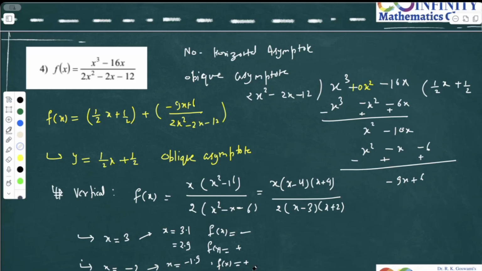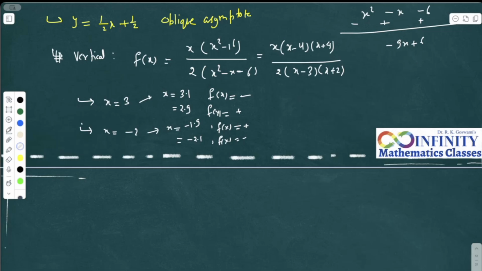Please, we need some more points, and for accuracy, let me just use Desmos to plot whatever we have done. There are vertical lines like x equals 3 there, x equals minus 2 there, and y equals 1 by 2x plus 1 by 2. Okay, so I'm using Desmos there.